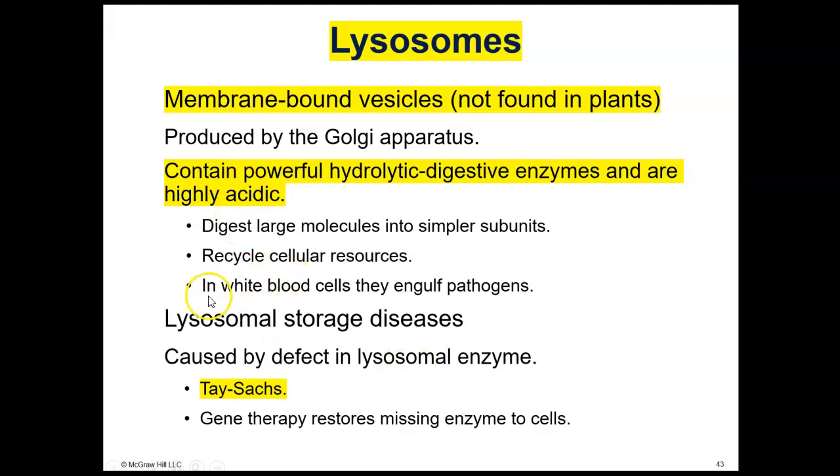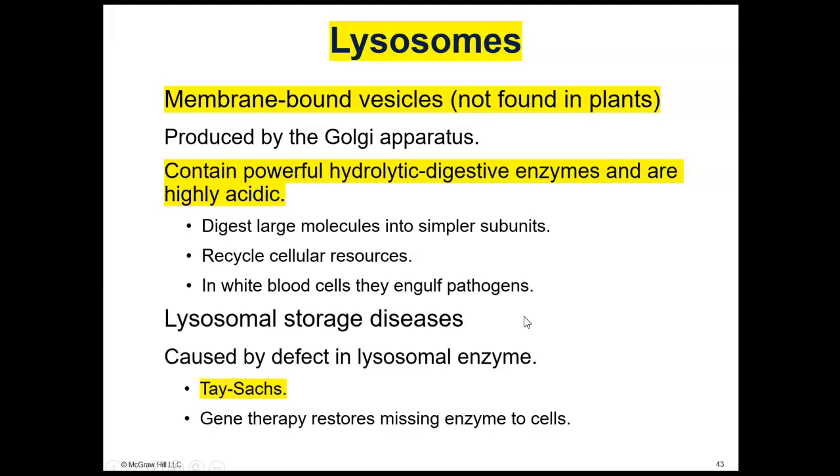In white blood cells, lysosomes are used to, well, okay, I see what they mean. Okay, so I was thinking the white blood cell itself engulfs pathogens, and then the lysosomes can digest those pathogens. But sometimes the pathogen, like a bacterium, will fuse with the lysosome, and then the lysosome can engulf the pathogen in certain cases.